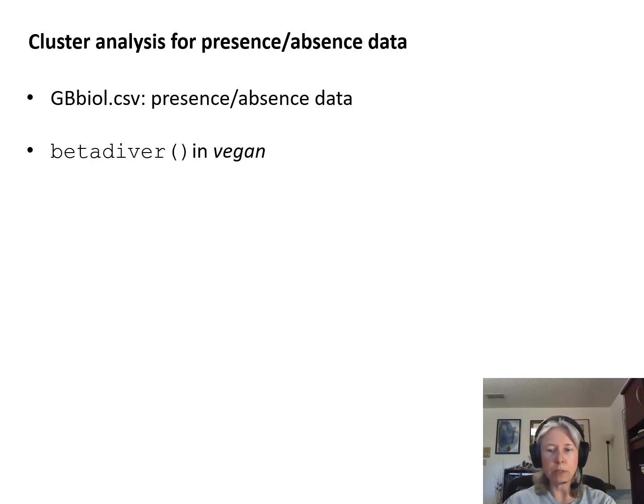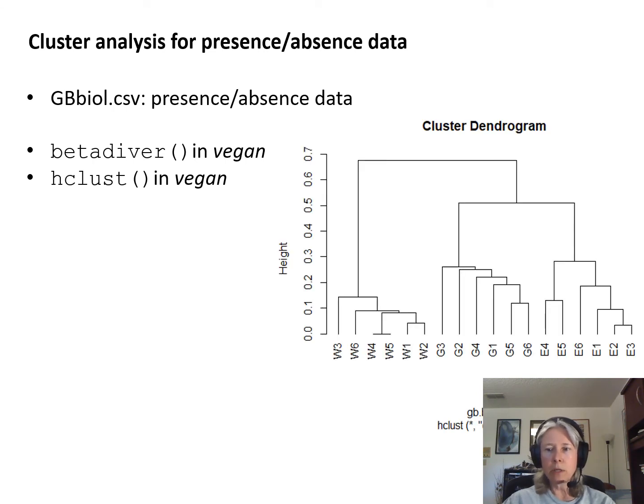That's what we're going to be using here. And then we can use hclust to perform a hierarchical cluster analysis. And here is the resulting dendrogram. From this dendrogram, you can see that sites from each of the 3 habitat types form distinct clusters.